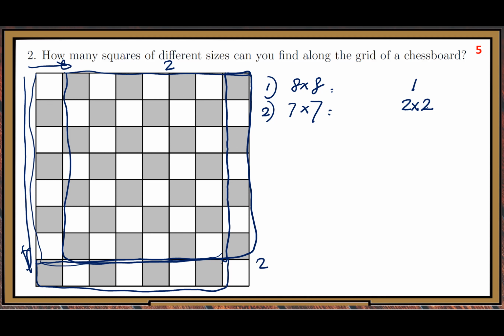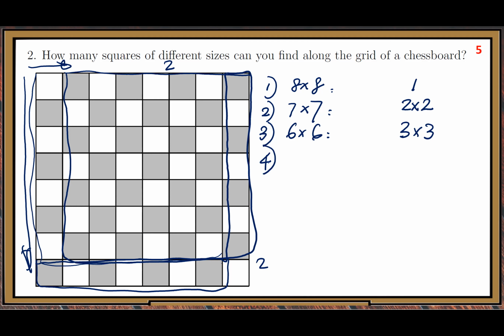Then next one, you notice some rule, right? 6 by 6. Number of squares in the size 6 by 6: horizontal 3, vertical 3, 3 by 3, 9 squares.